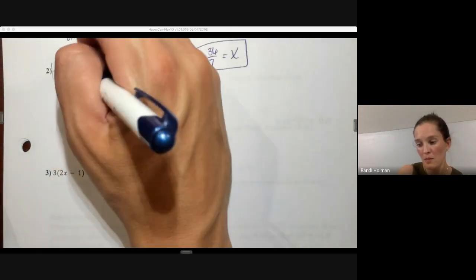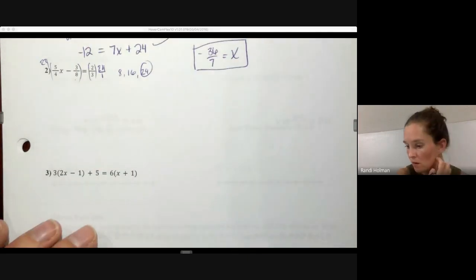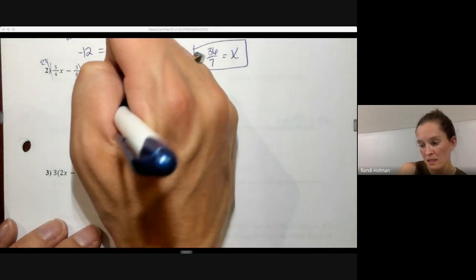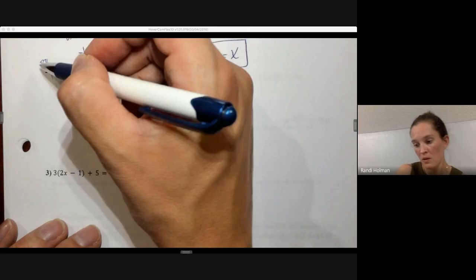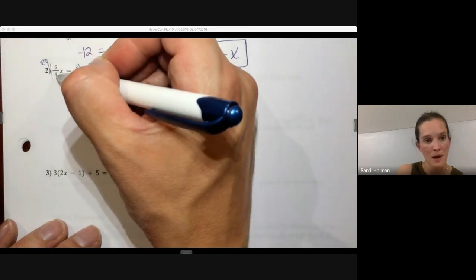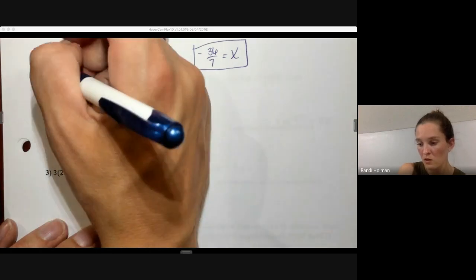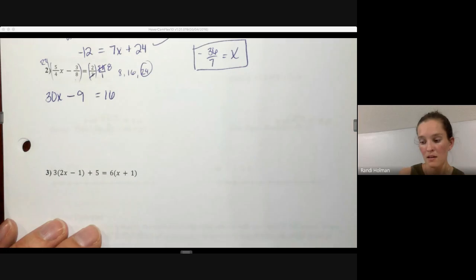So we're going to multiply both sides again by 24. Nice thing, we don't have to distribute on the right side here. We can just do 24 over 1. 24 divided by 3 is 8, so we get 16. Here we're distributing. 24 divided by 4 is 6. 6 times 5 is 30. 24 divided by 8 is 3. 3 times 3 is 9.